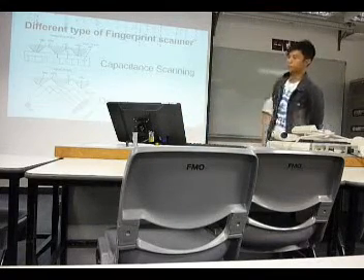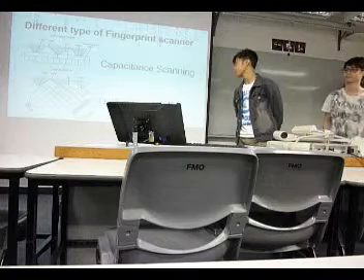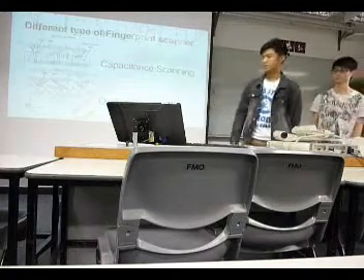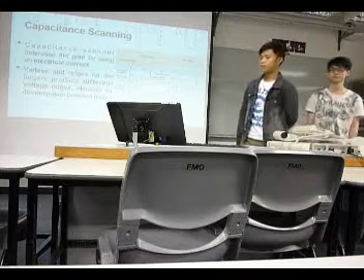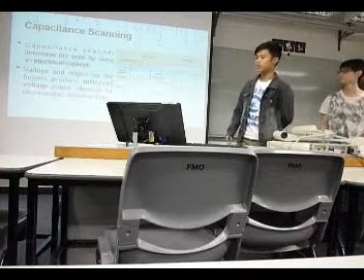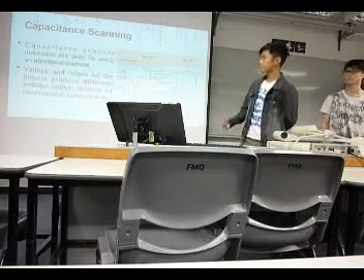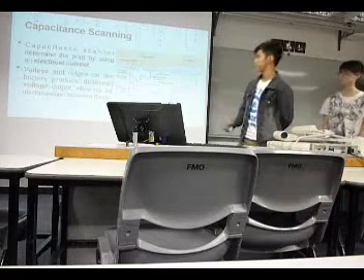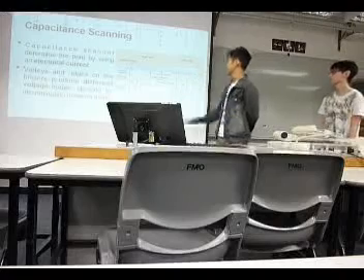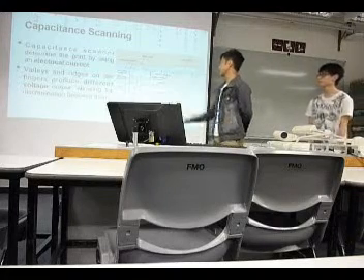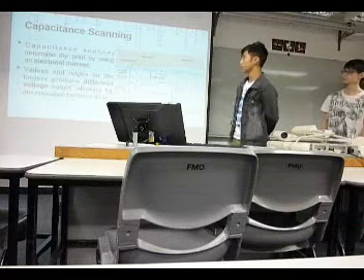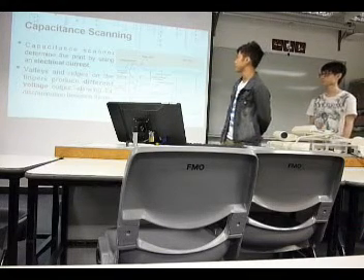There are two types of fingerprint scanner, which are the capacitive scanner and the optical scanner. Firstly, I will talk about the capacitive scanner. It mainly uses electrical current to figure out the fingerprint. As you can see here, there are two condenser plates, and the finger acts as the third capacitor plate.